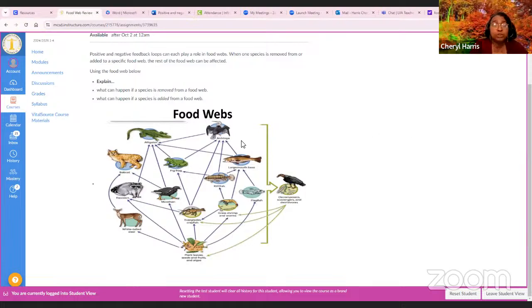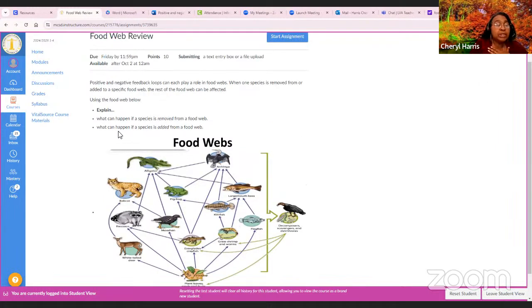You can pick two different ways to do it. You can do the top predator, or you can do one of the bottom predators, consumers. So that's one. Then the second part, for another 5 points, is what would happen if you added one.